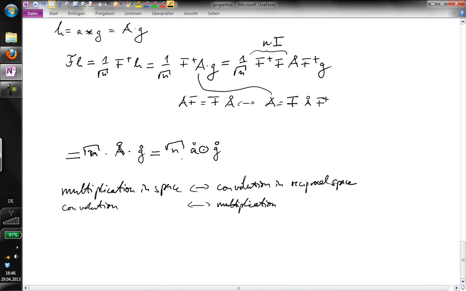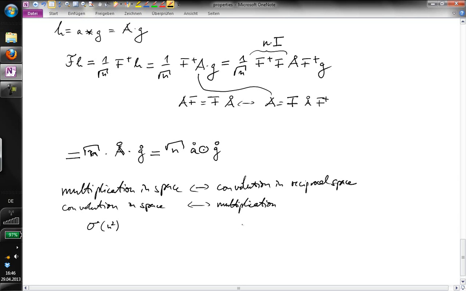Okay, and this makes for great computational savings, because if you implement convolution in the real domain, let's say convolution in space, it is an order n squared operation, because we have two signals and we need to take this inner product of two signals of length n for each of the n positions, giving us n squared.